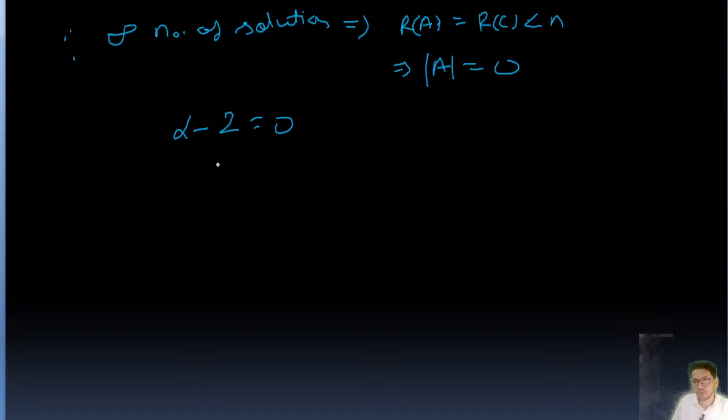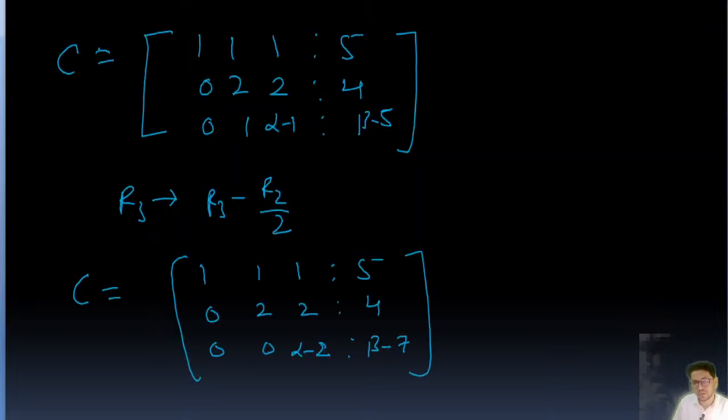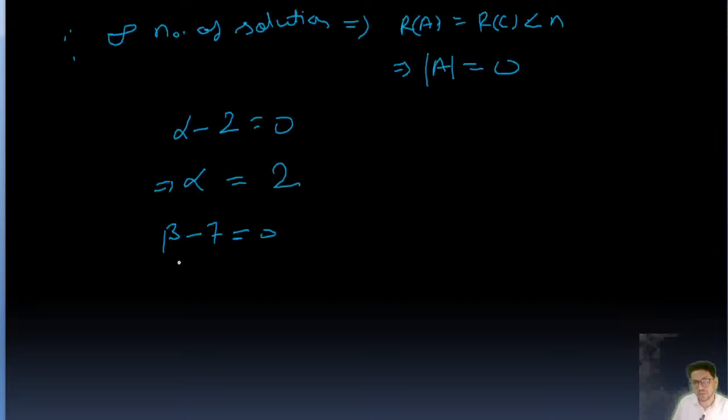So alpha minus 2 equal to 0 implies alpha equal to 2. And similarly beta minus 7 equal to 0, which implies beta is going to be 7. Okay, so the alpha and beta values are 2 and 7.